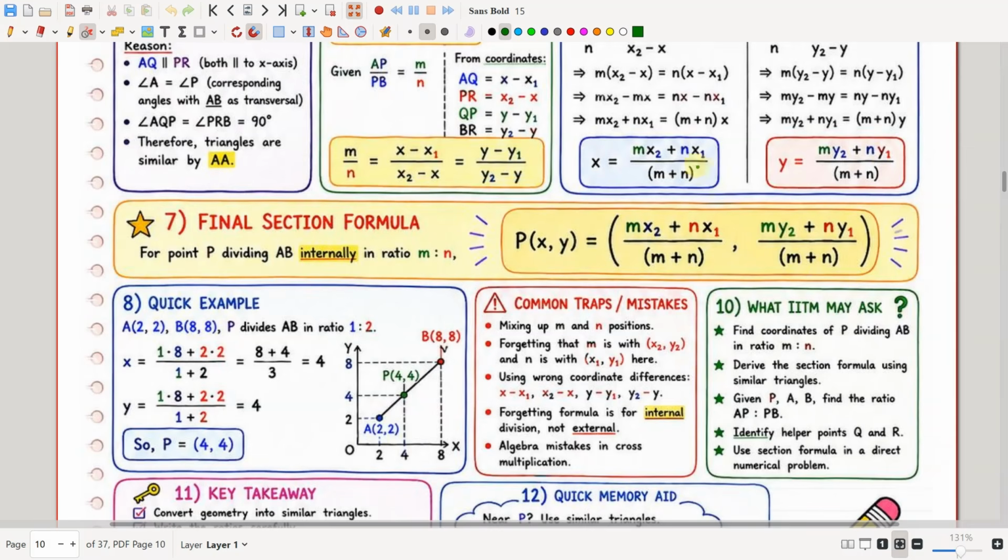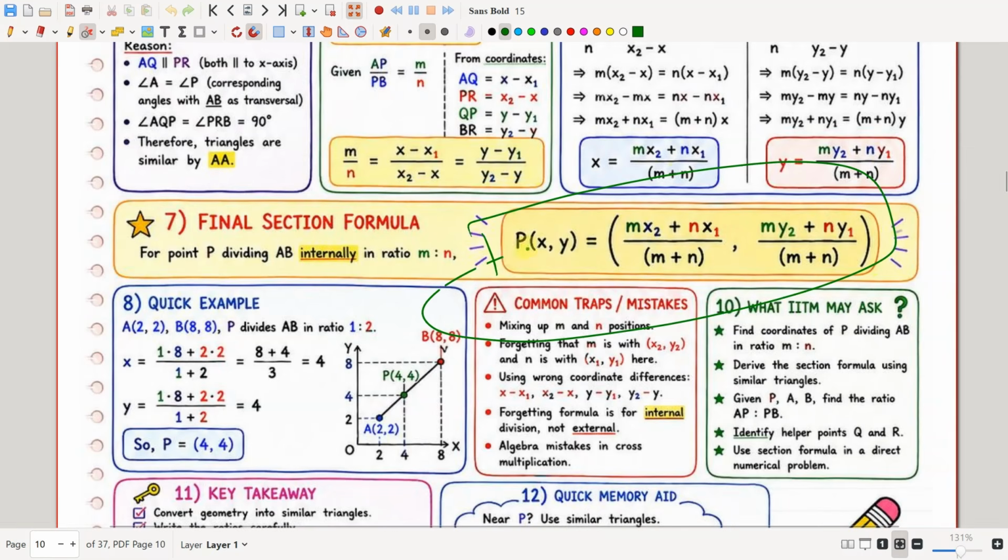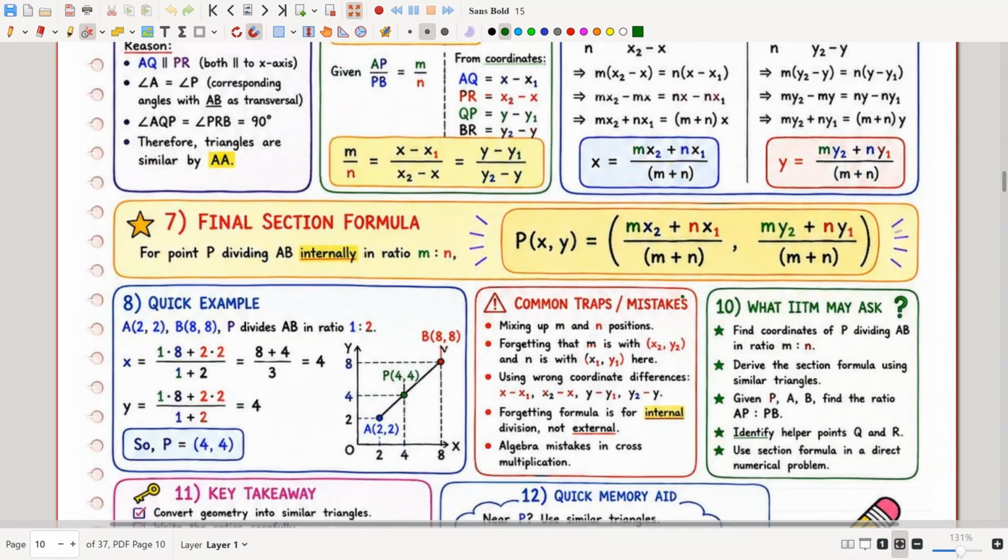We don't need to understand all the derivation. It is okay if you don't understand these derivations. Just remember this formula alone. P of (x, y) is equal to ((mx2 plus nx1) divided by (m plus n), (my2 plus ny1) divided by (m plus n)).